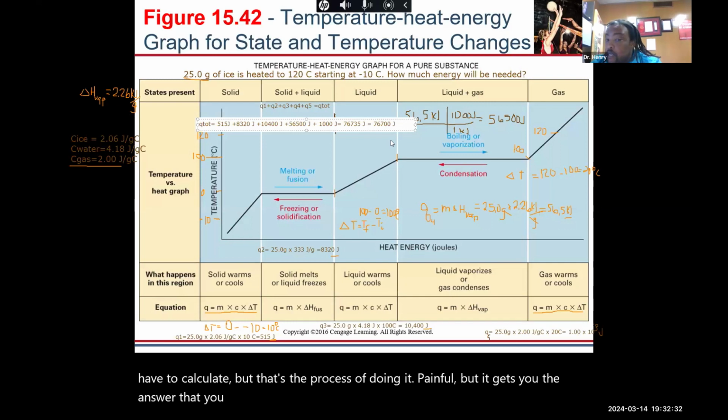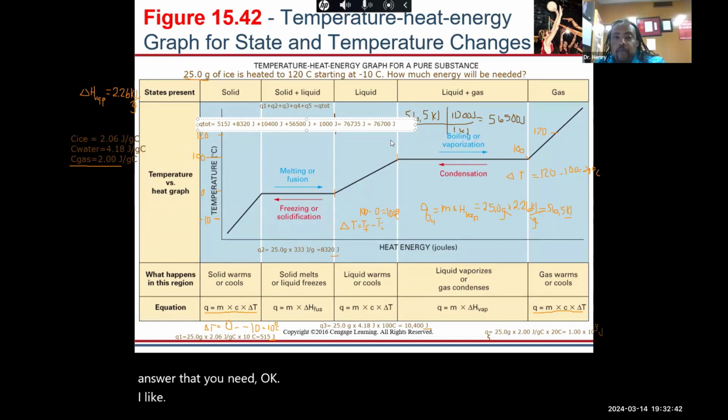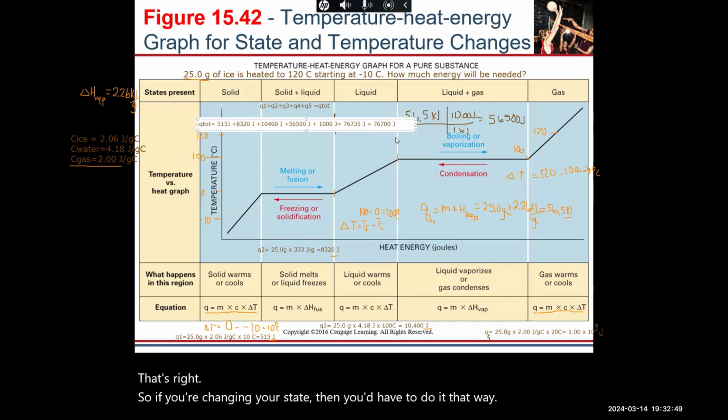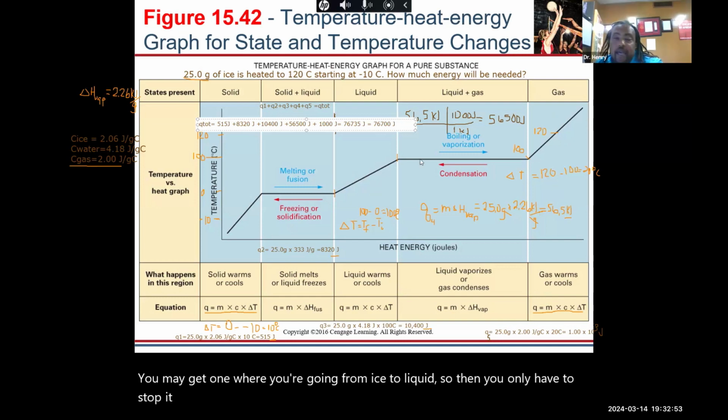Okay? So we would only be doing all of this if the degrees are in different states. That's right. So if you're changing your state, then you'd have to do it that way. You may get one where you're going from ice to liquid, so then you only have to stop at liquid. You don't have to worry about the gas, right?